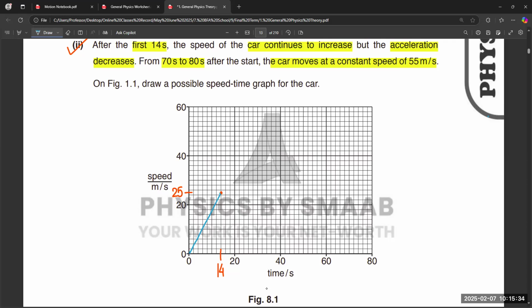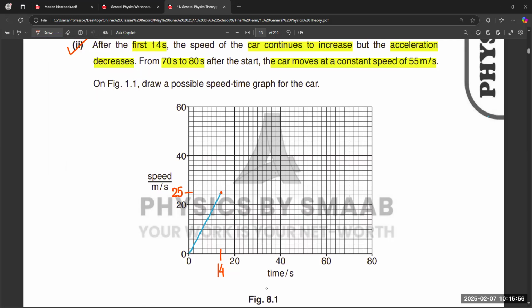So this is the initial 14 seconds motion of the car. Then after 14 seconds, the car speed continues to increase, but the acceleration decreases. And from 70 to 80 seconds after the start, the car moves at a constant speed of 55. It means finally the car reaches 55.